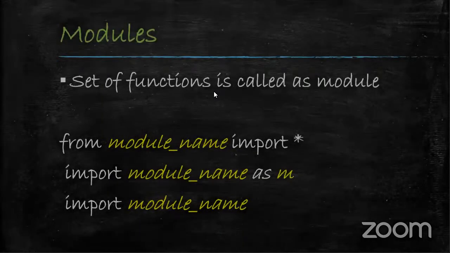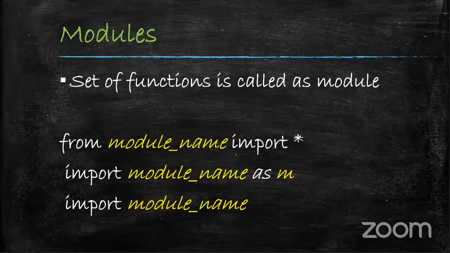So you got the idea. We can store a function in a separate file, and that function can be called easily. Now what we can do is store functions of a similar type together in a single file, and this set of functions is called a module.